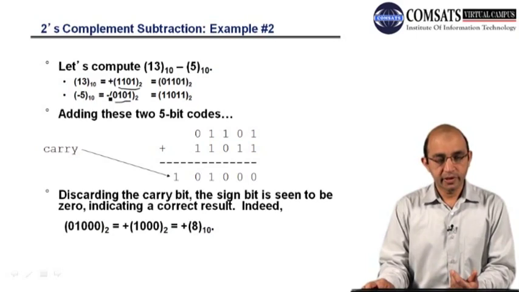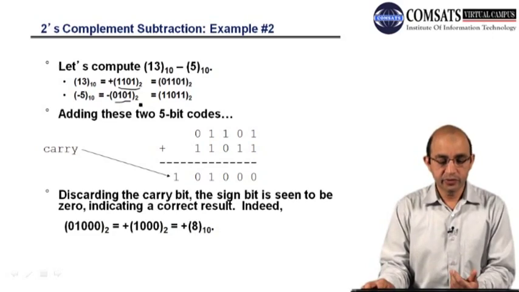So this is the negative sign. As a result of this negative, we have to take the twos complement of this negative number, so that the sign will be absorbed.